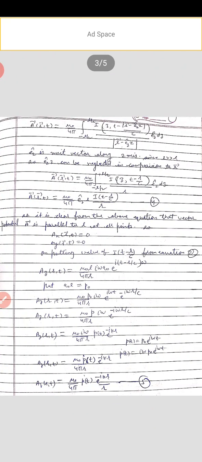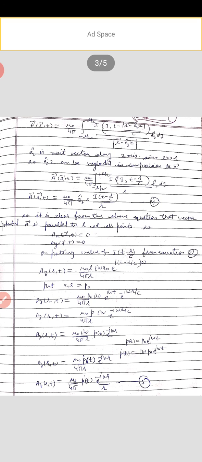If we put the value of I(t - r/c) from equation 2, then we get Az(r,t) = μ0/4π · L/r · iω q0 e^(iω(t - r/c)).